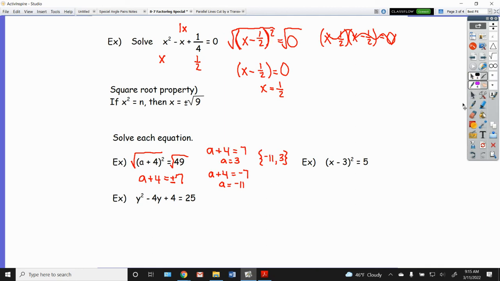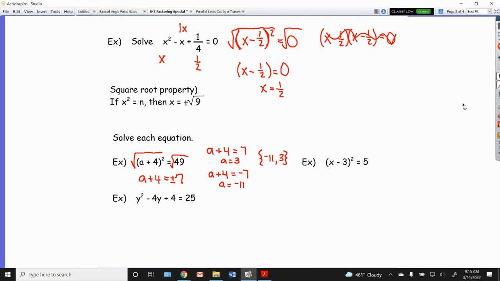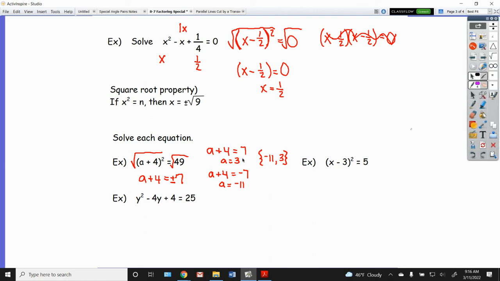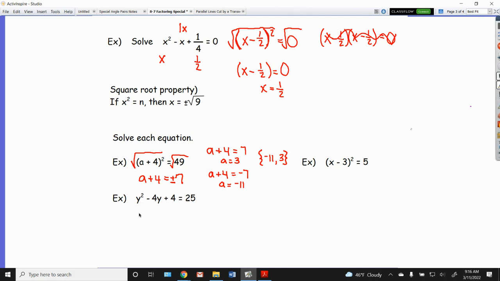All right. So if I look at this one, once again, first thing, remember, you just concentrate on one side. And first thing you can do is you can get this into the perfect square. This is a perfect square trinomial.